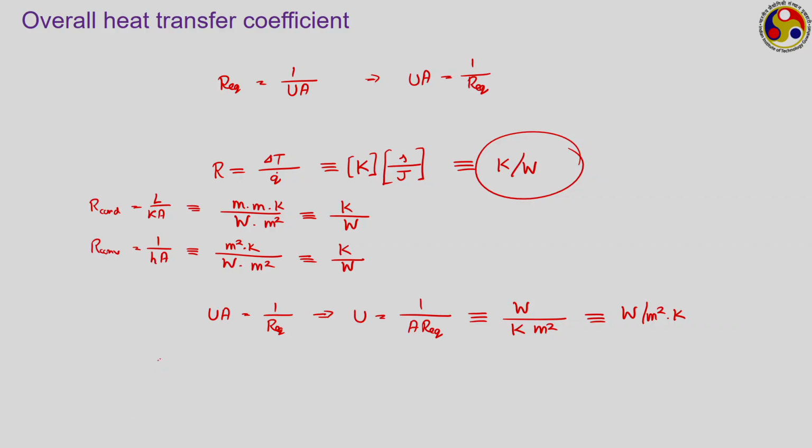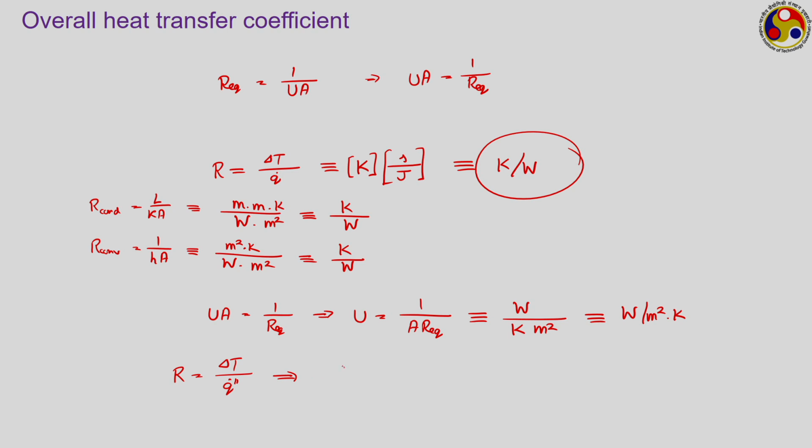And also one thing that I would like to mention here, occasionally, though we do not go that route, sometimes this R, the R that we are representing as delta T upon Q dot, occasionally instead of Q dot we can also represent this one as Q dot double prime, heat flux.